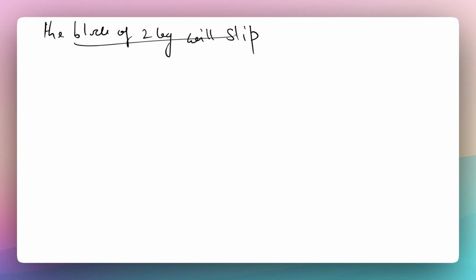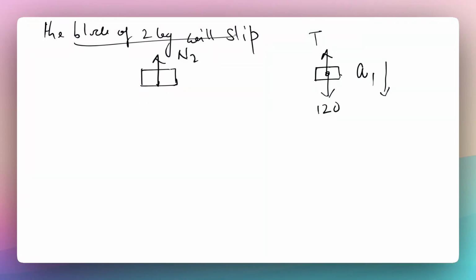First we draw the FBD for this 12 kg block. That's very simple: 120 minus T, and the acceleration here is, let's say, a1, going down. The smaller block is now slipping, so there's no static friction, but kinetic friction is going to act here. This was our N2, and it has 20 newtons downwards.